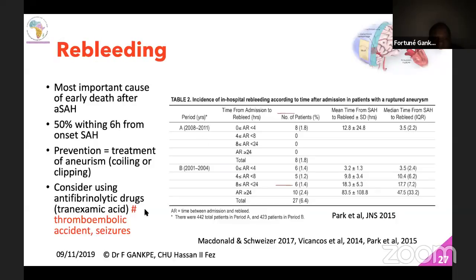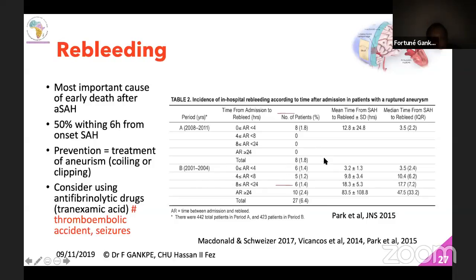And the second arm of the article is group B, from 2001 to 2004, when the patients were treated with late delay.